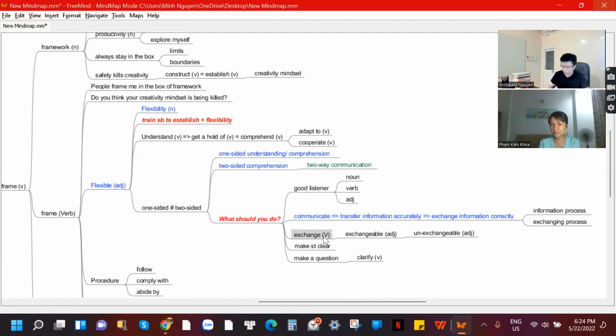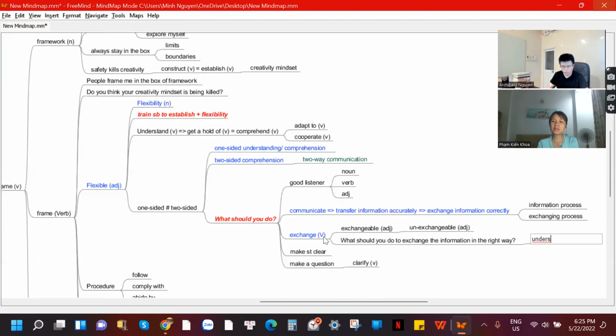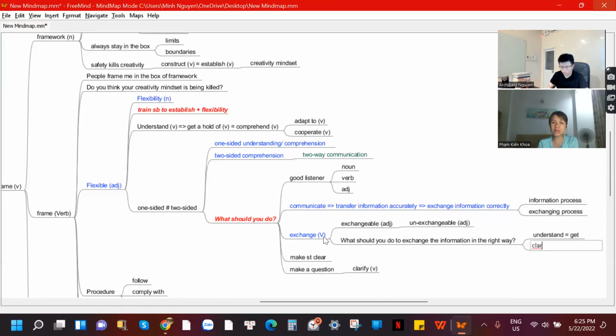So here, exchange. What should you do to exchange the information in a right way, Miss An? To exchange the information in the right way, you have to understand your partner, and I think the ways of communication are very important.